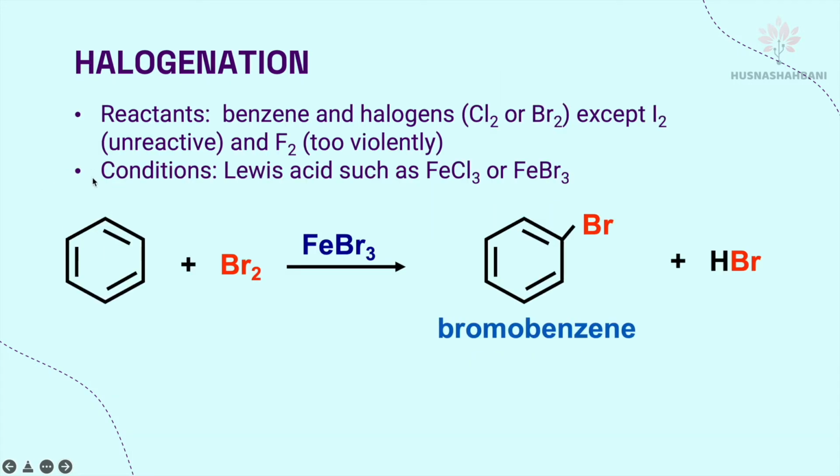Because we know that our aromatic compound is nucleophile, the electrophile is Br. Because this aromatic compound is electron rich, this is nucleophile. To make this Br2 electrophile, it needs to have electrophilic site.